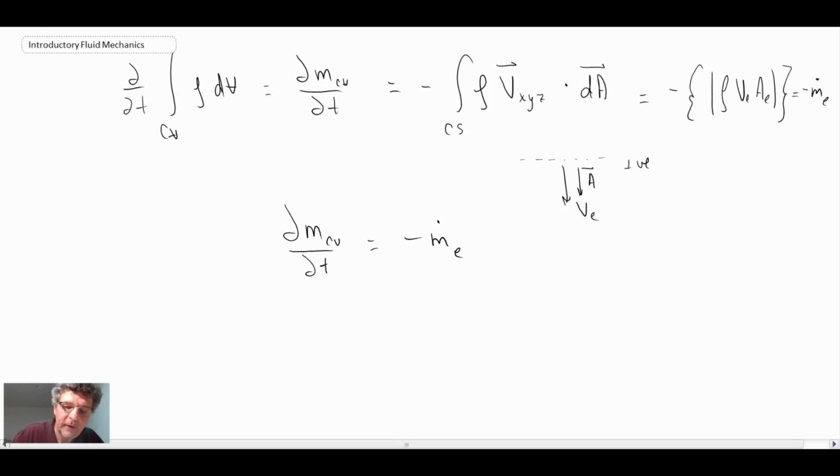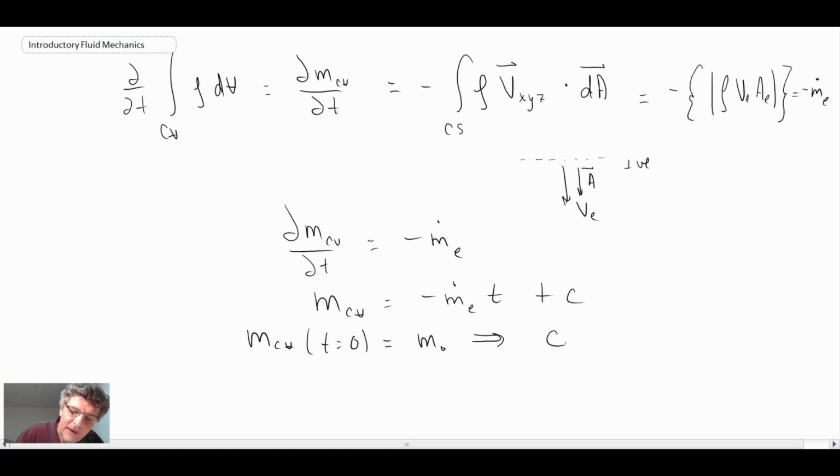and the control volume mass is only changing with respect to time, so that would be an ordinary differential equation, and what we then get is m_cv is minus the mass flow rate leaving times time plus some constant of integration. We apply a boundary condition, and we were told that the mass of the control volume at time 0 was equal to m0, and I think we were given 400 kilograms.